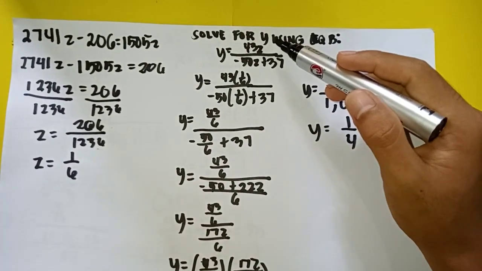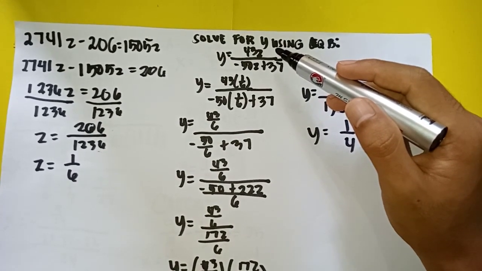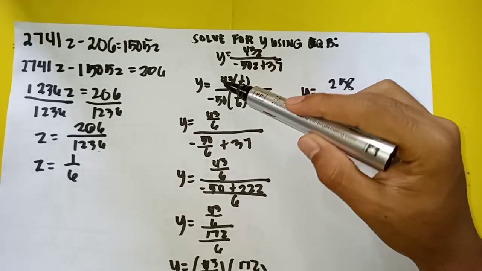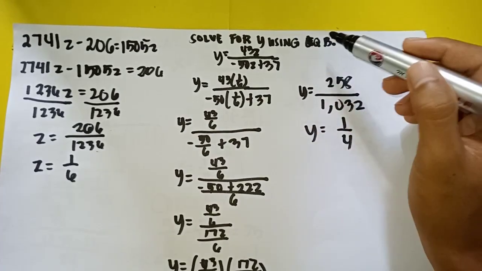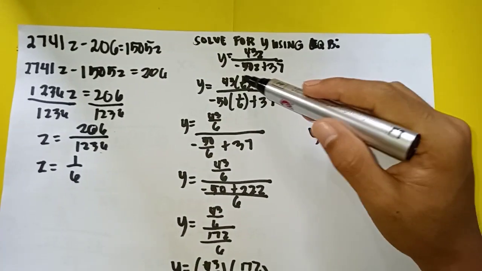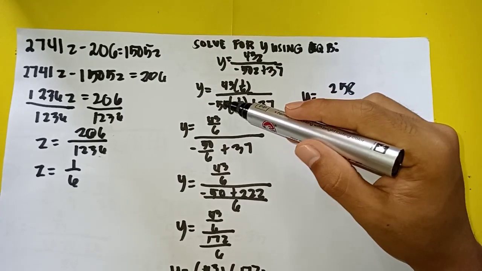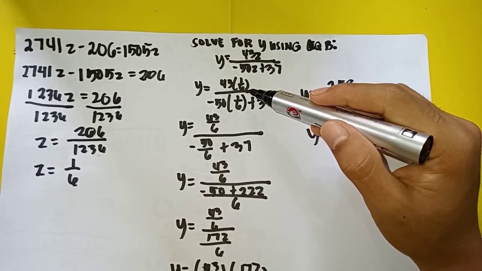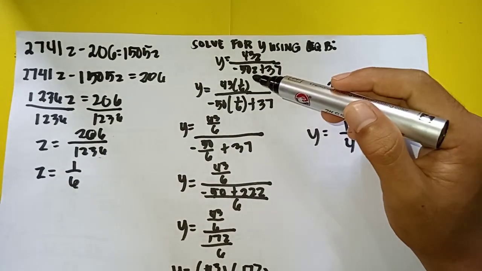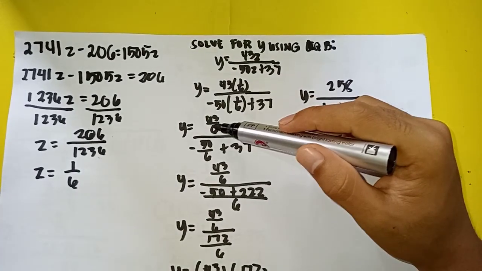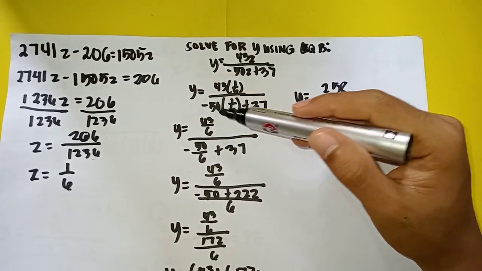Then next step is solve for y using equation B. y is 43z over negative 50z plus 37. We will substitute the value of z. So it will be 43 times 1/6 over negative 50 times 1/6 plus 37. So 43 times 1/6 is 43 over 6.